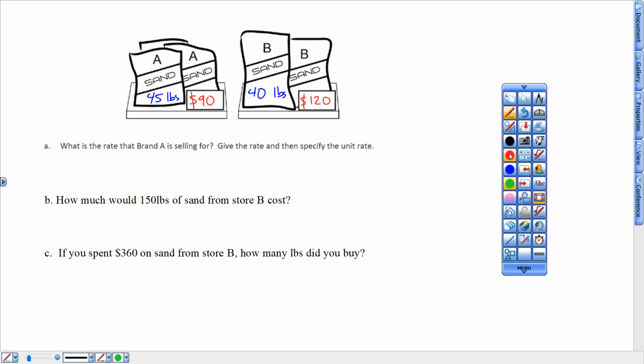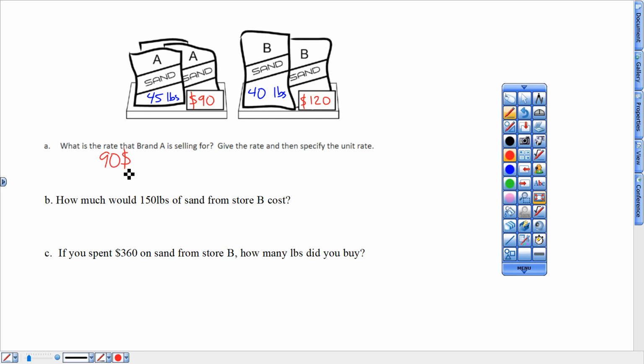I want you to know that in our world, it's always money on top. That's how this unit rate's going to be seen in your world. So for these, don't do pounds on top over dollars. Even though that is a unit, we're not seeing that kind of unit in the world. We want dollars per pound. So for A, I'm going to take that dollar number, put that $90. $90 goes on top because that's money.